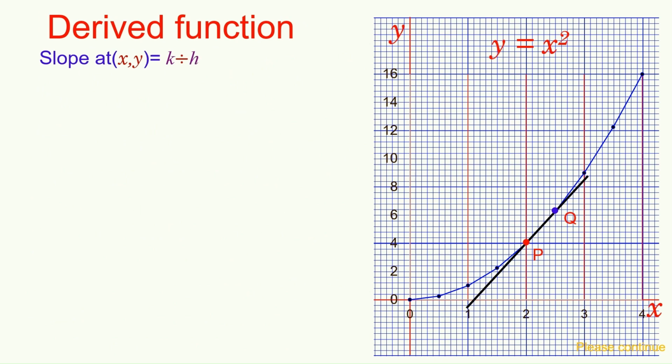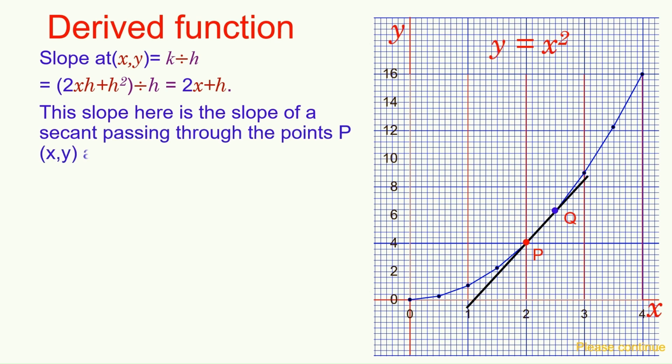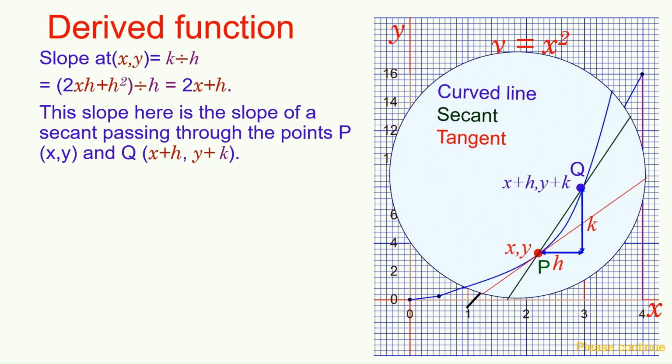Therefore slope at x, y equals k divided by h, equals (2xh plus h squared) divided by h, equals 2x plus h. This slope here is the slope of a secant passing through the points P, x, y, and Q, x plus h, y plus k.